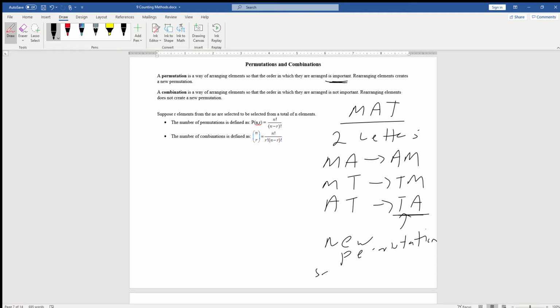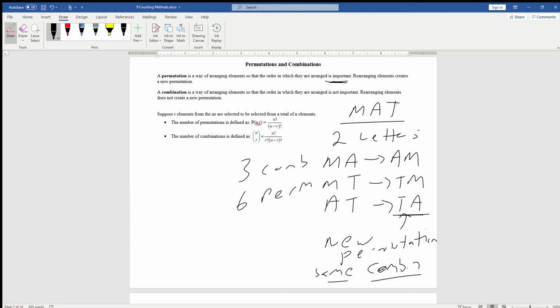However, they are the same combination. So what this shows us is that there's a total of 3 combinations, but there are 6 permutations that can be drawn from 3 distinct letters when I pick 2 of them.